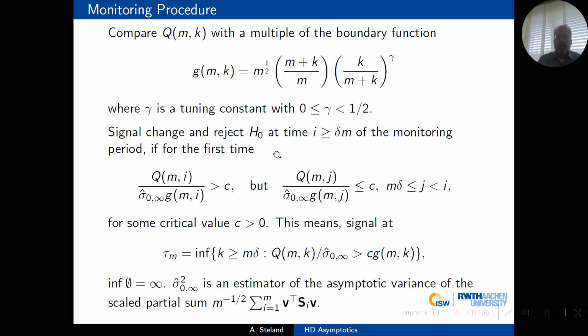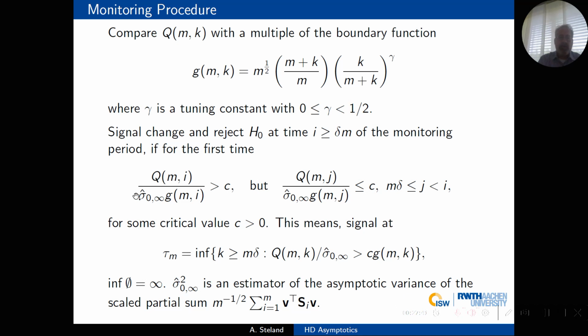So we signal a change, reject the null hypothesis of no change and conclude in favor of a change of the data distribution, if for the first time our CUSUM statistic exceeds a certain multiple of our boundary function.